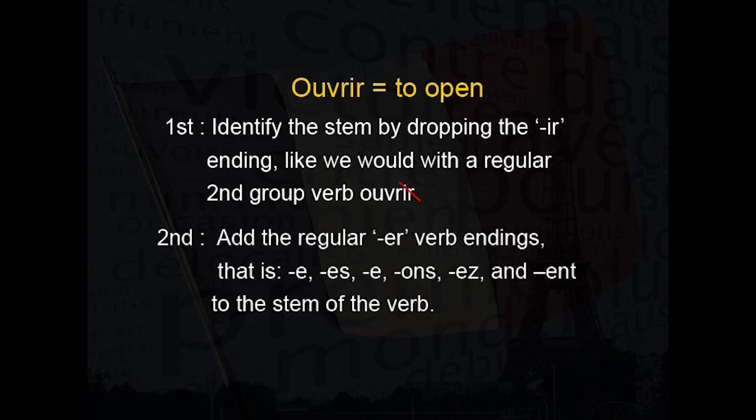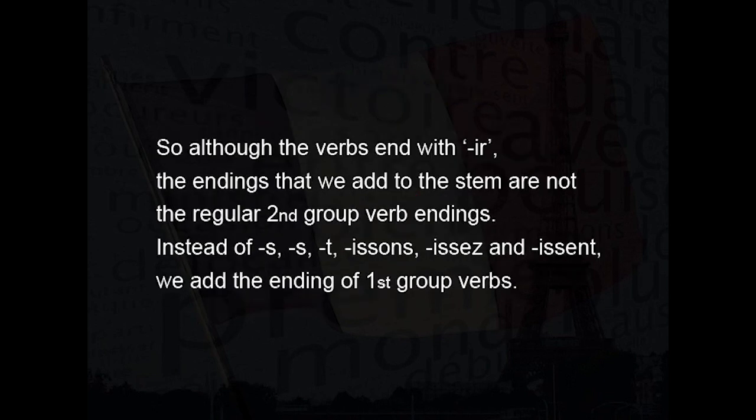Then we add the regular ER verb endings, that is E, ES, E, ONS, EZ and ENT to the stem of the verb. So although the verbs end with IR, the endings that we add to the stem are not the regular second group verb endings.